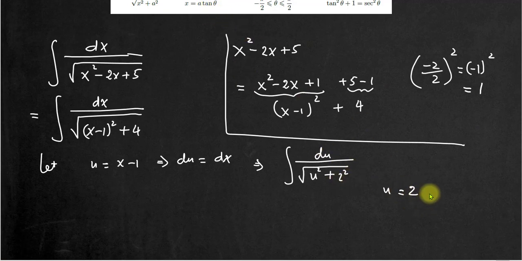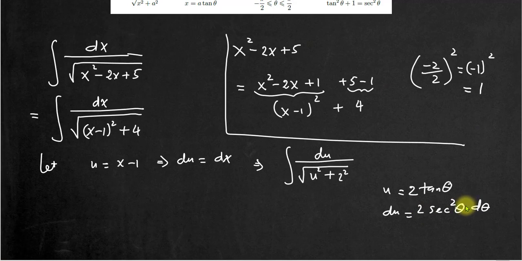So u equals 2 tangent theta. Now this is the correct substitution that we need. And then we need to take du. When you take the derivative of the right-hand side, the derivative of tangent theta is secant squared theta, and don't forget the number 2 here. So du equals 2 secant squared theta d theta.